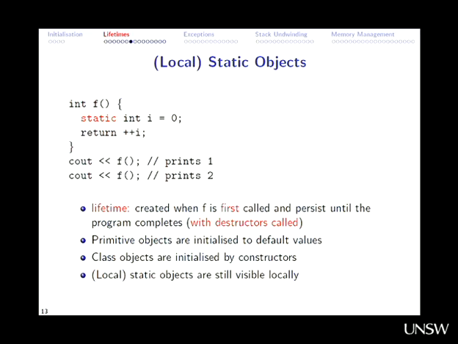It's not. So in general, this is why these things are bad practice. Primitive static objects are initialized to default values. Class objects are initialized by constructors. And even though this thing is in memory all the time, it's still only visible in that local scope.